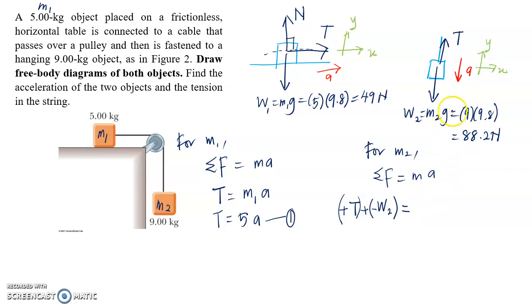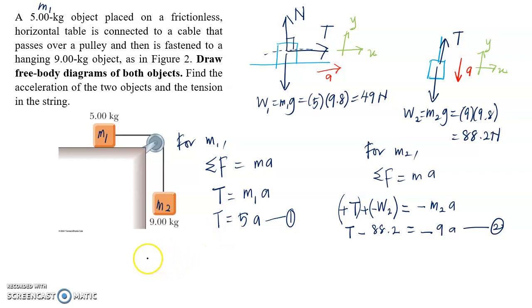It is equal to, and because the acceleration is also downward, it will be negative ma, negative m2a. So we can substitute the equation: T minus W2, as calculated 88.2, the weight of mass 2, equal to negative 9a. So this will be our second equation.